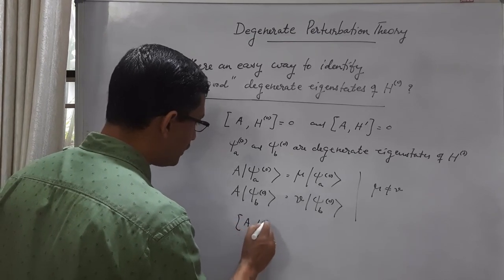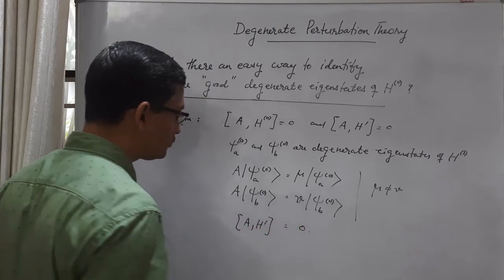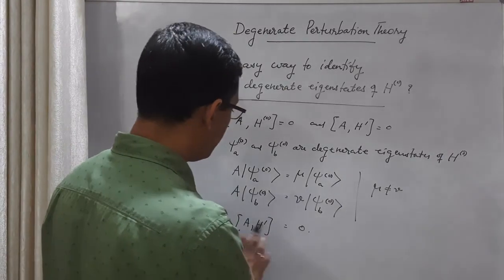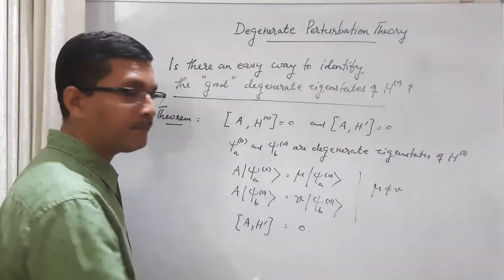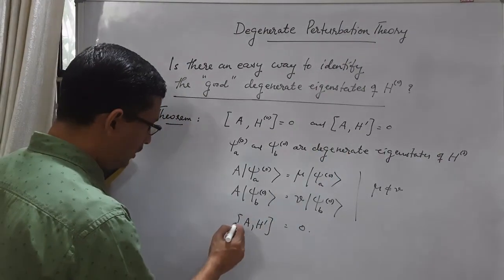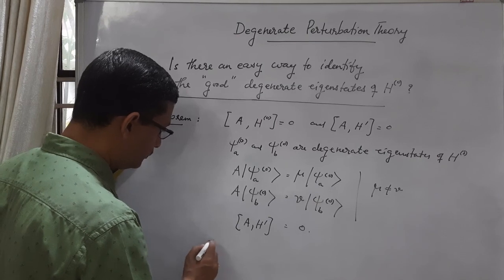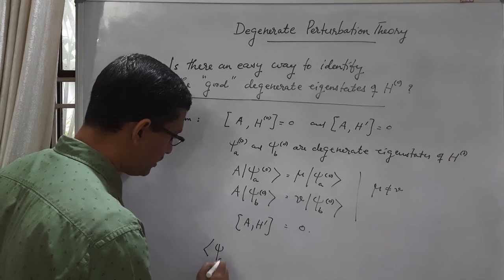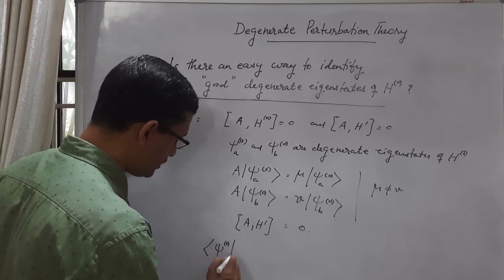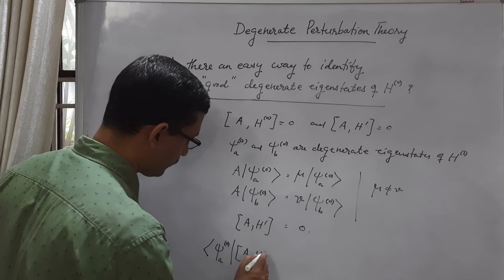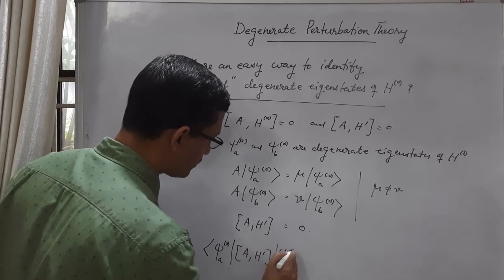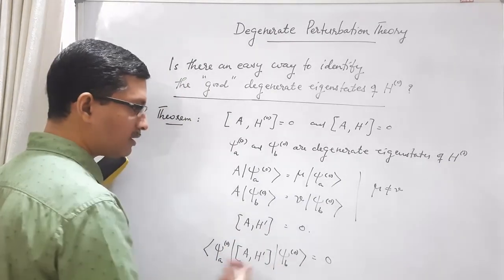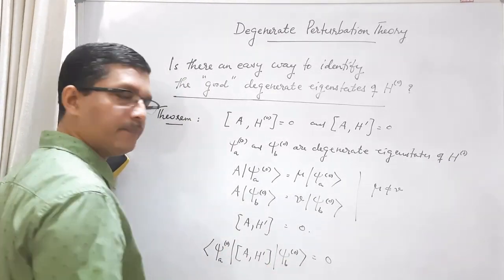The commutator between A and H prime, the perturbing Hamiltonian, is 0. So that means if you take the matrix element of this commutator, it will be 0. Let us take the matrix element between psi A0 and psi B0. So if this commutator is 0, any matrix element of this commutator will be 0.